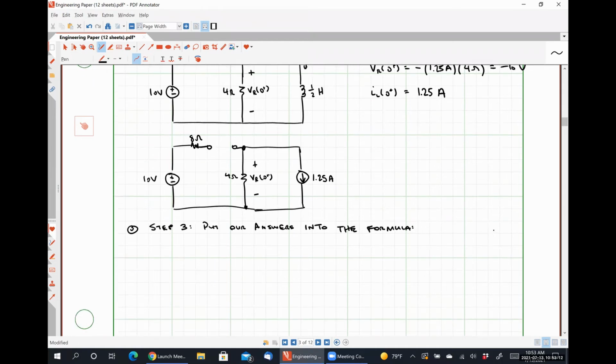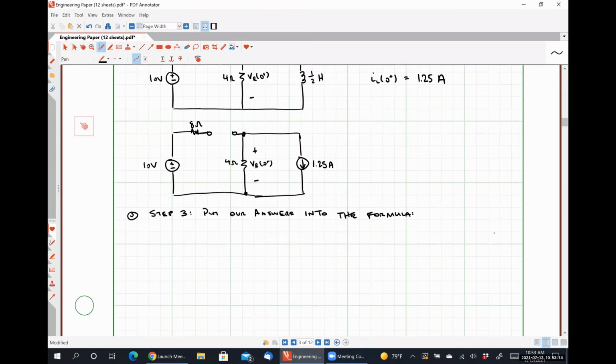All right. And so what I mean by this, let me write something out here. IL of t will be IL at 0 minus for all t less than 0 minus. So that is the result of our analysis at t less than 0 minus, okay? So what's going on before our switch opened up.